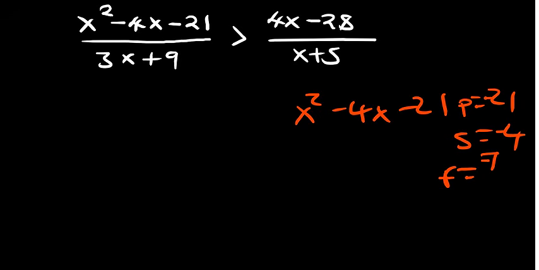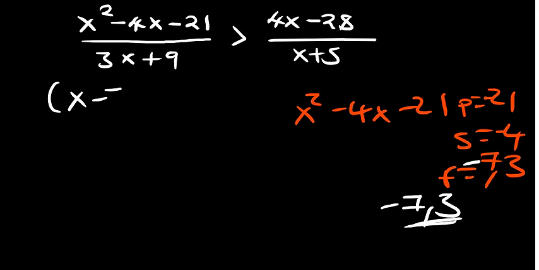So we're looking at 7 and 3. Which one is supposed to be negative for it to be a negative sum? It's negative 7 and positive 3. These are the two values that are the factors. So in terms of factorization, it's going to be x minus 7, x plus 3, over what?